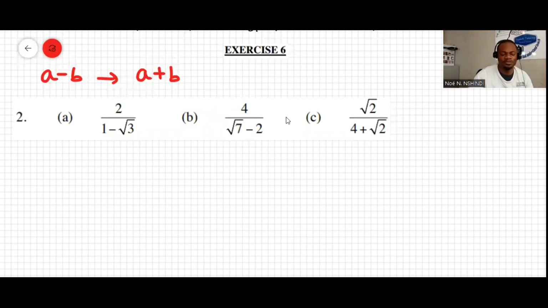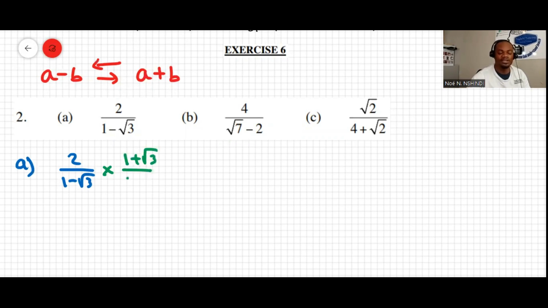The reciprocal is like the inverse, but it's the conjugate or whatever it is. All you need to know is that A minus B is multiplied by A plus B, and vice versa, okay? So, for instance, 2 over 1 minus root 3, in this case we're going to multiply this by 1 plus root 3 over 1 plus root 3.